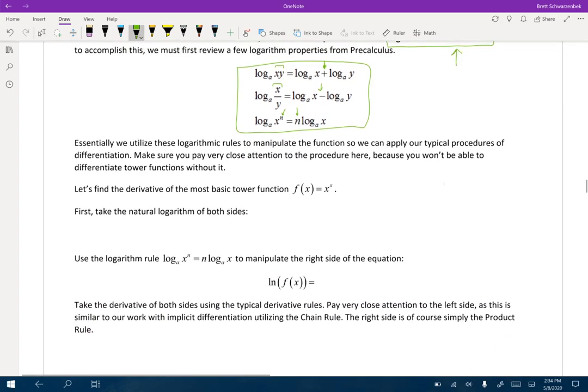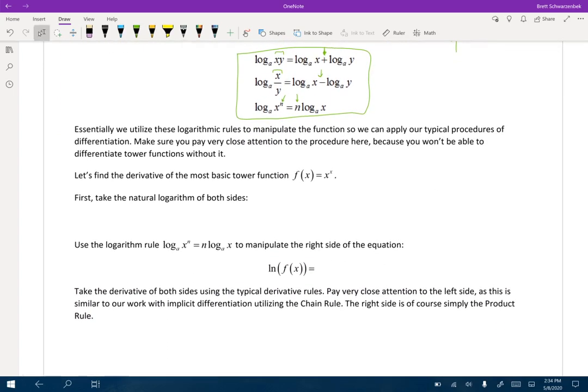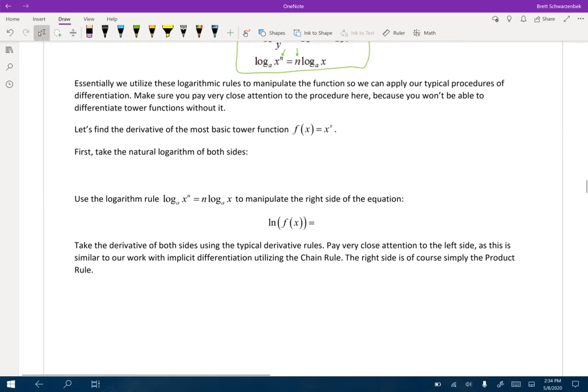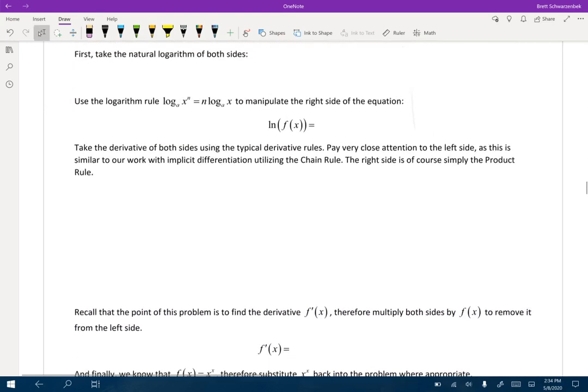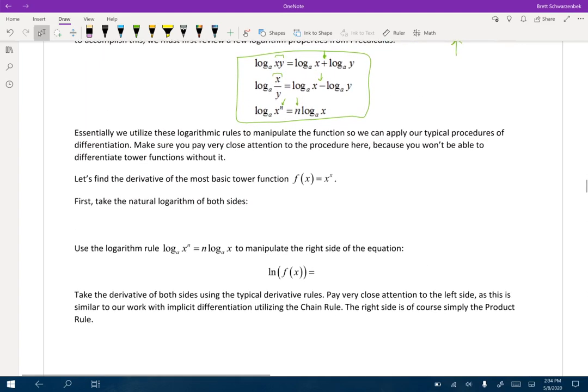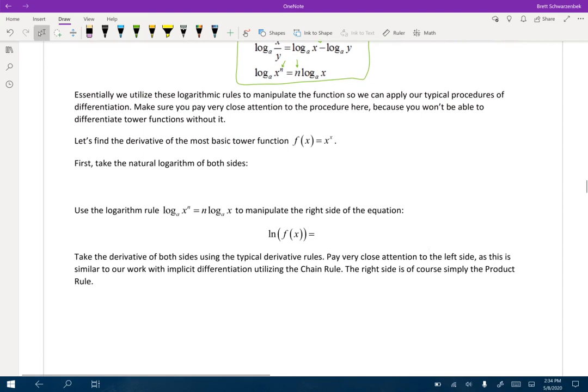We're going to use properties to find the derivative of a tower function. What I'm going to do down here, to the end of the page, is go through a full structured process to find the derivative of any tower function. The goal is to follow it and be able to give it back to me in the examples following this and beyond: homework, labs, exams.